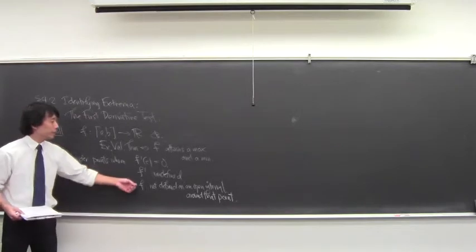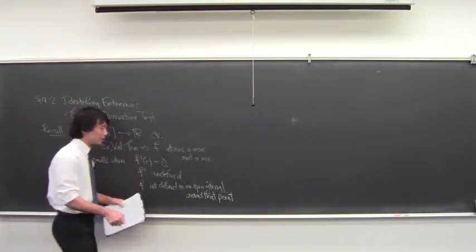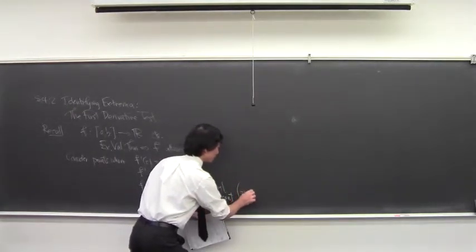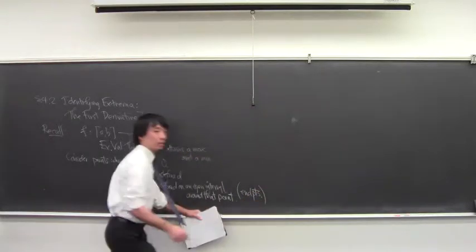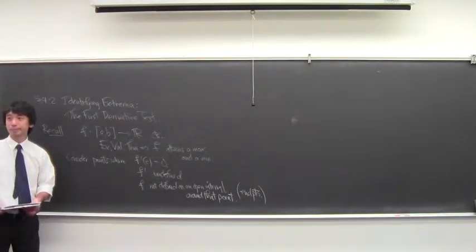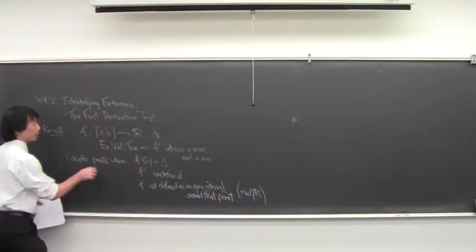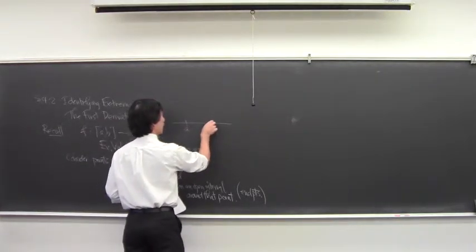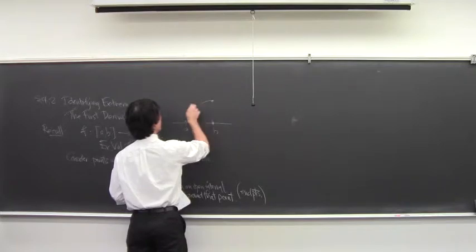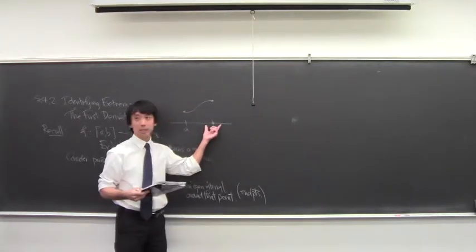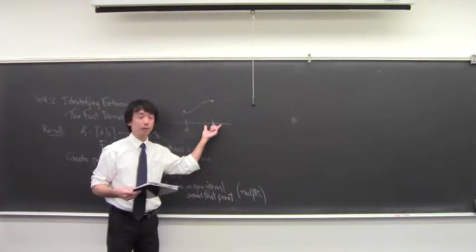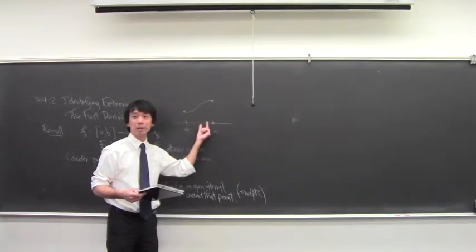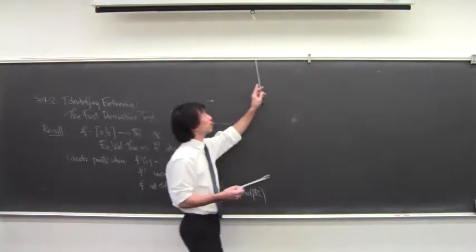So if it's an interval, then this is basically endpoints. Endpoints, because you have your function on a, b, and at b, your function isn't defined in the full open interval. It's only defined on sort of this half of an open interval.